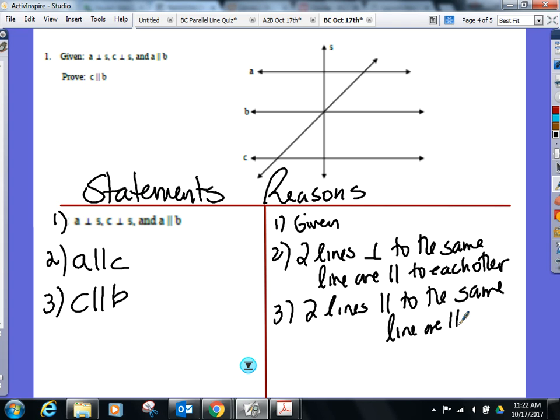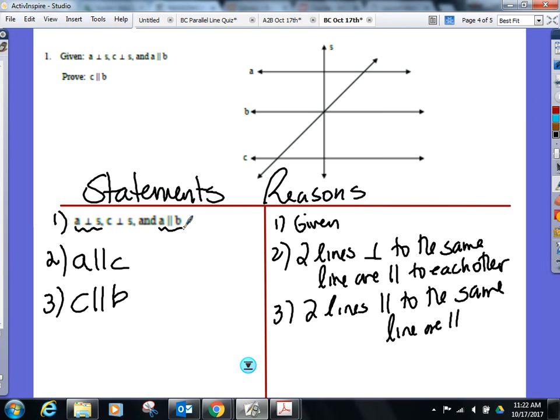Emma, go ahead. What I would like you to look at now are the first and third givens: A perpendicular to S and A parallel to B. Third theorem, and we're not going to write it all out, but I want to show you here.